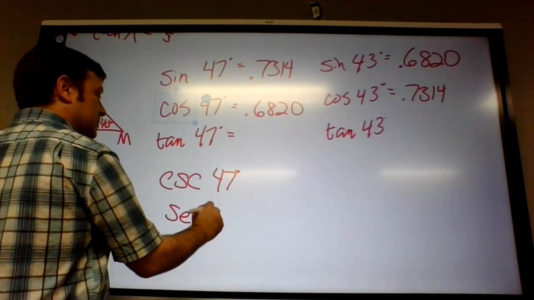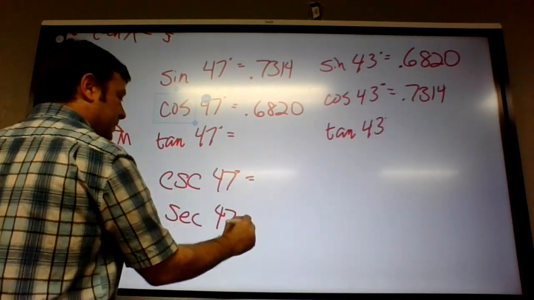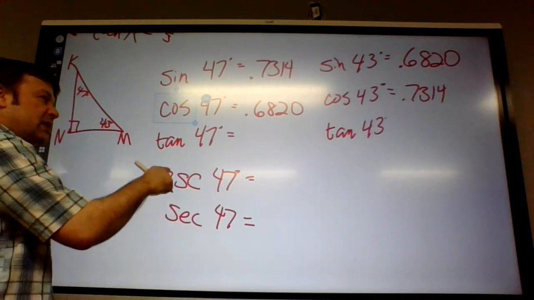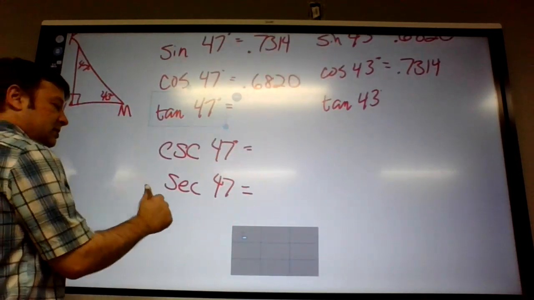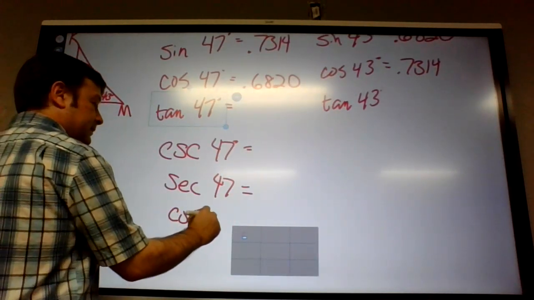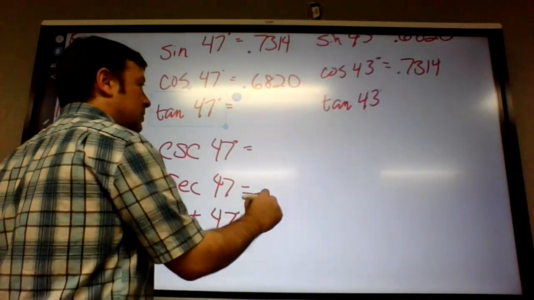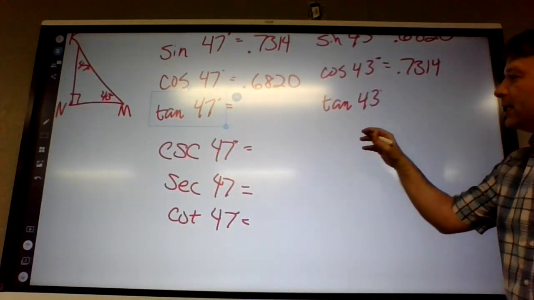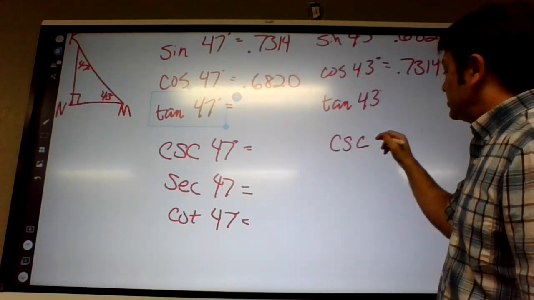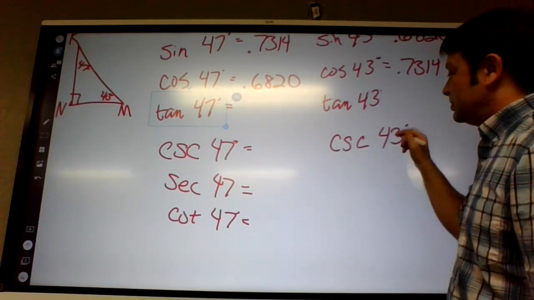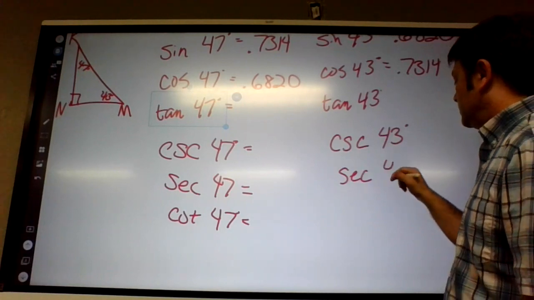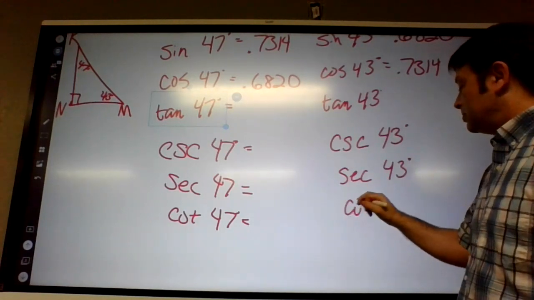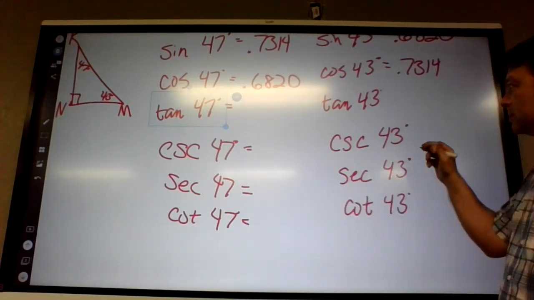Secant. What went with tangent? Cot. All right, and then cosecant of 43, secant 43, and cotangent 43.